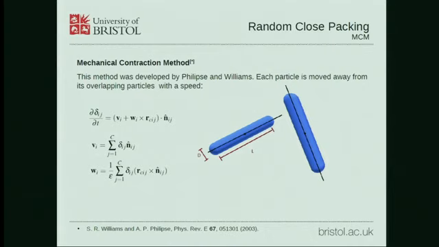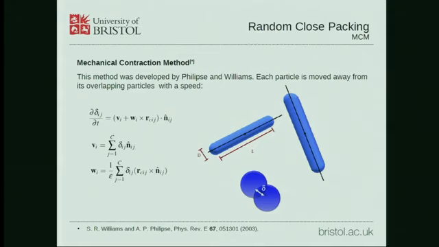What we did then was study the mechanical contraction method. Basically, when you have overlapping, for each particle that is overlapping, you find its overlapping particles and the average distance and direction that you need to move these particles in order to get rid of all the overlaps.